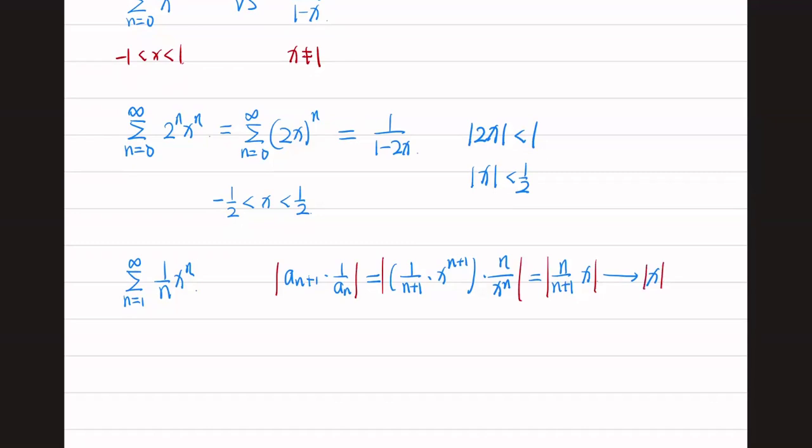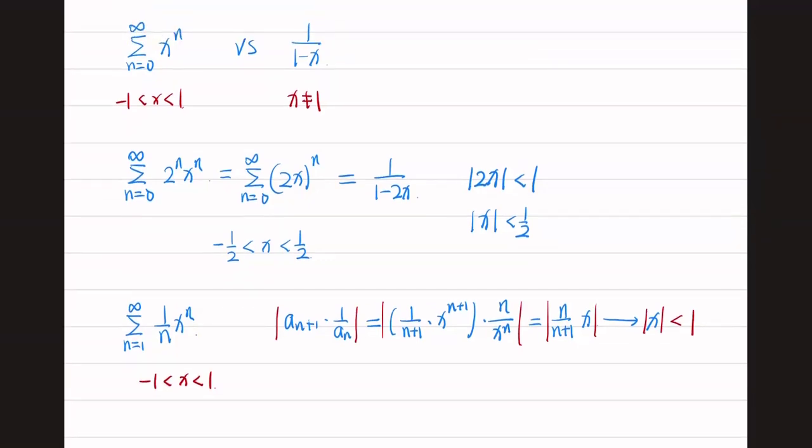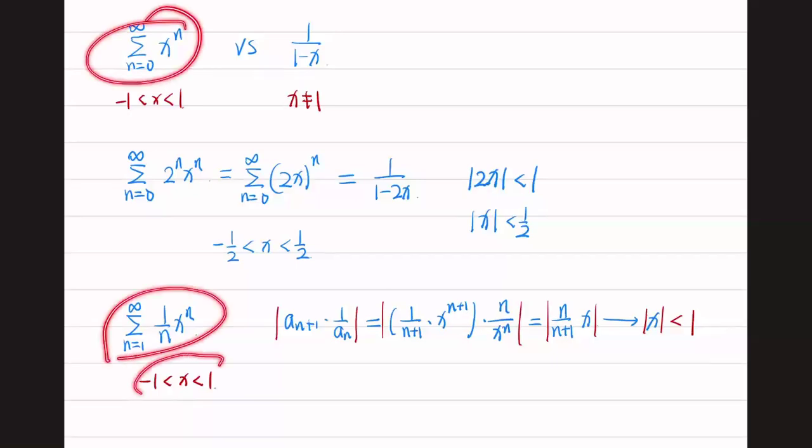It converges if this is less than 1. So this power series, the interval of convergence. The interesting thing, maybe the difference between this one and this one happens at the endpoint.